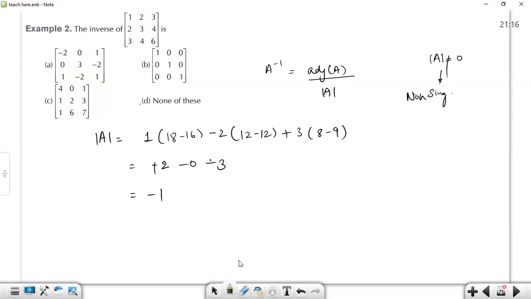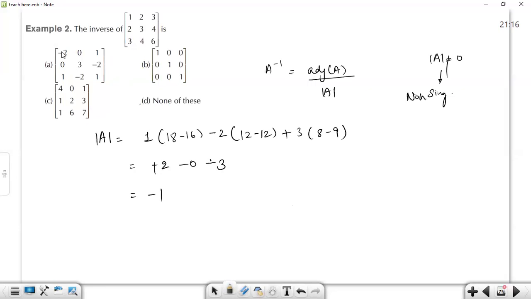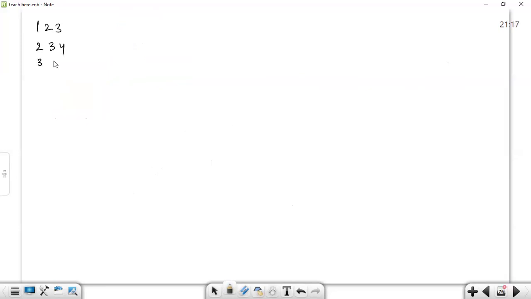Okay, so let's now find out the adjoint of the given matrix. So for finding out the adjoint, we will simply write the matrix. So the given matrix is 1, 2, 3, 2, 3, 4. So let me utilize the space. 1, 2, 3, 2, 3, 4, and 3, 4, 6.